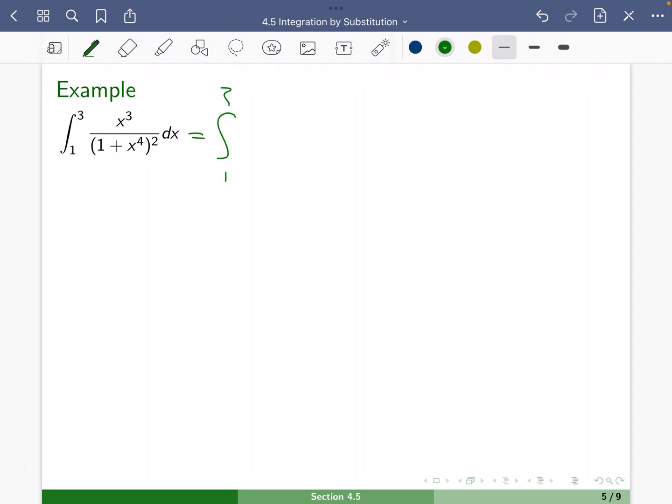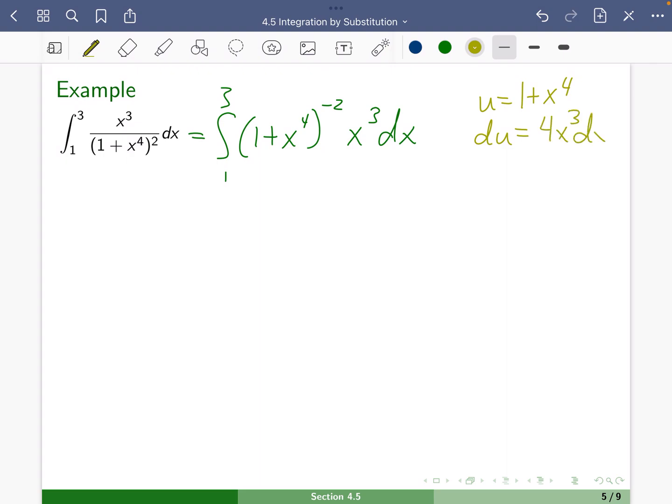So we have an integral from 1 to 3 of 1 plus x to the fourth to the negative 2 times x cubed dx. We're going to say u is equal to 1 plus x to the fourth. So du is 4x cubed dx.